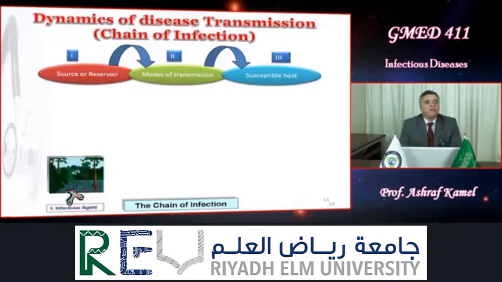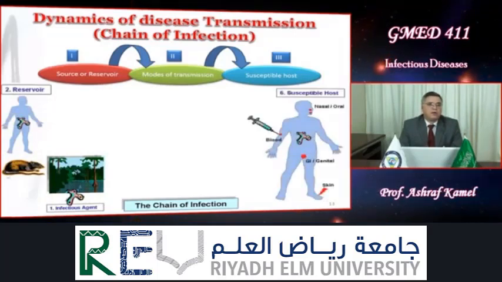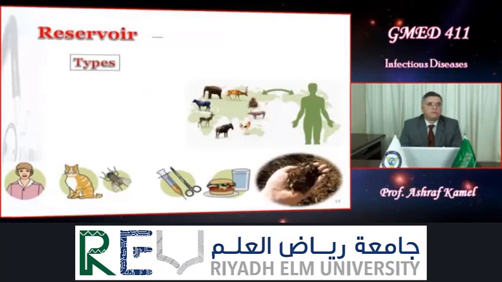So we have the infectious agent living in a reservoir, and on the other side we have the susceptible host. And in between we have the modes of transmission. And we have the exit portal of the infectious agent from the reservoir, and we have the entry portal of the infectious agent in the susceptible host.